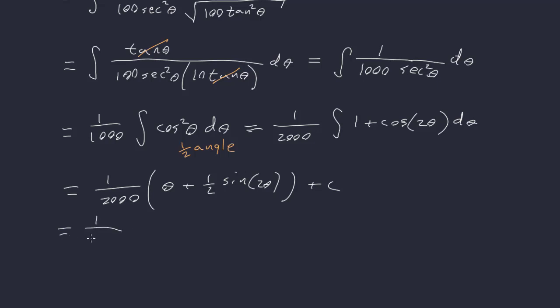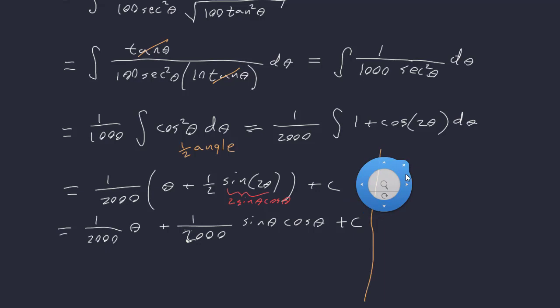Actually, sine of 2 theta becomes 2 sine theta cosine theta. All right, so the 2 there and the 2 there will cancel, so it'll just be 1 over 2,000 sine theta cosine theta. Okay, and so here's where we need to translate back.